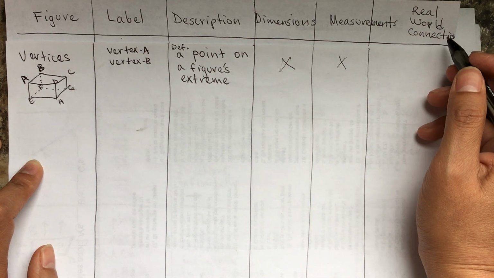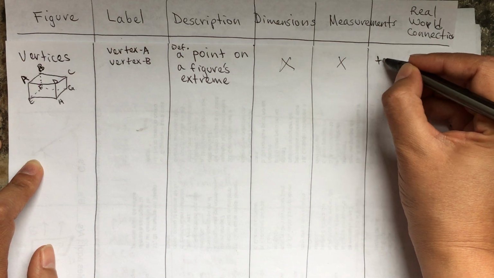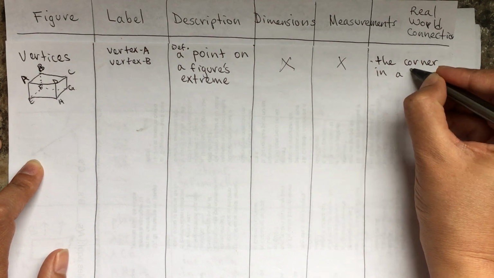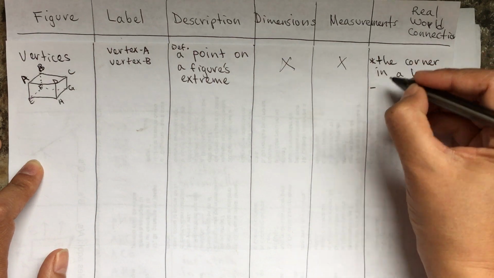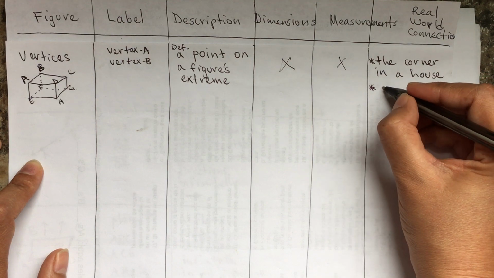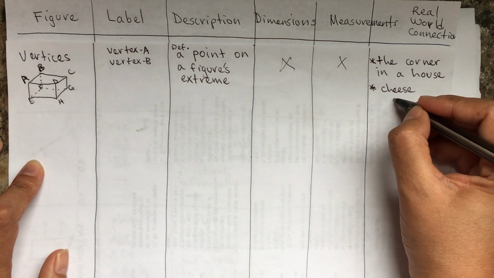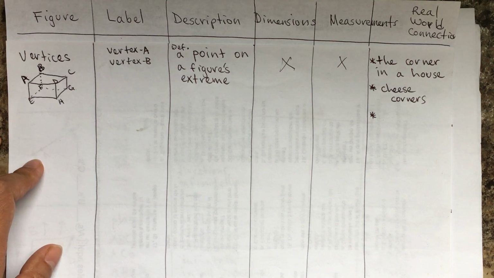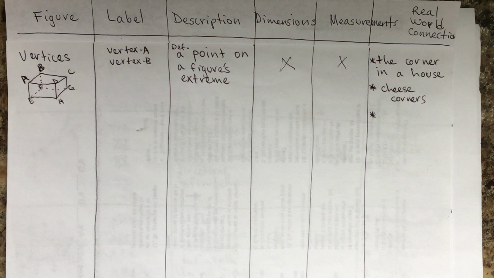Real world connections: the corner in a house, also when you have cheese, the corners in there as well. So basically corners for the most part. Somebody said in a box, like where all the cardboards meet.